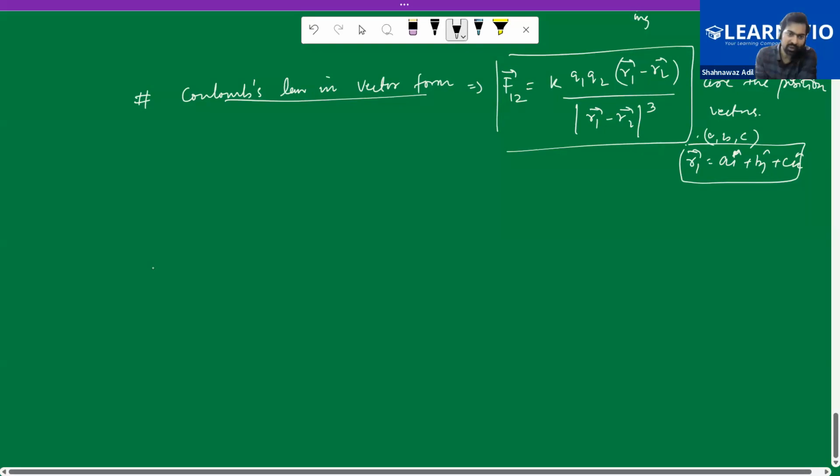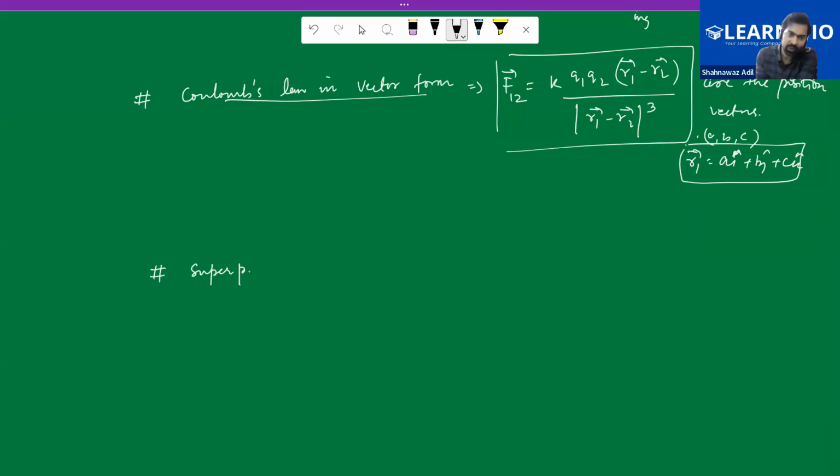And then we have talked about the superposition principle of force. So it says that the total force, the net force, would be the vector sum of the individual forces. So this we have done.